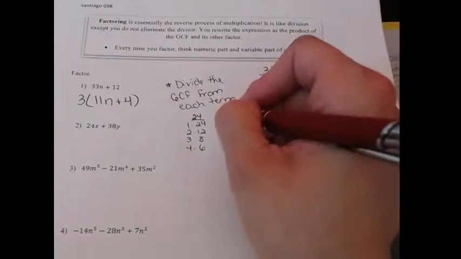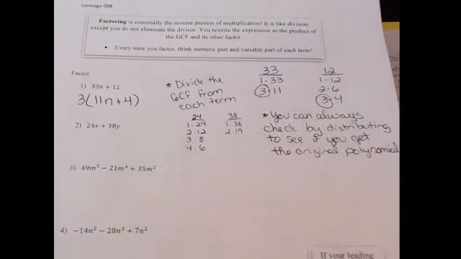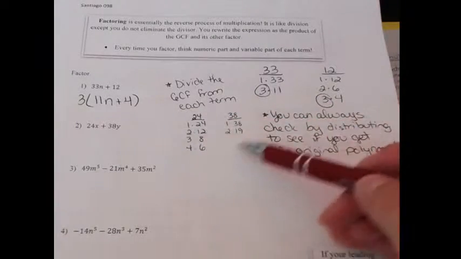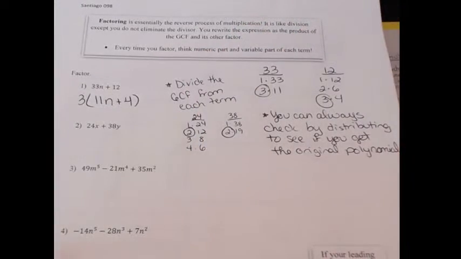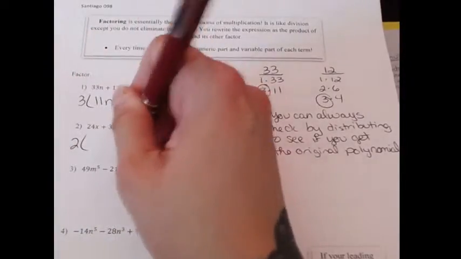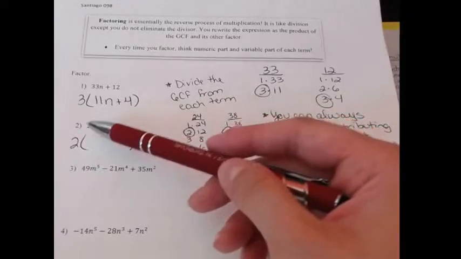For 38, 1 times 38, 2 times 19, and I'm pretty sure that's it. Yeah, that looks good. Look at both of these sets. Notice the greatest common factor is 2. So we're going to factor 2 out, which means we divide this out of both terms.